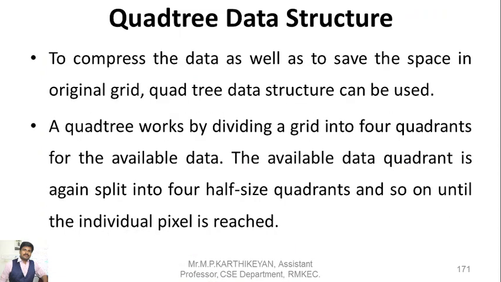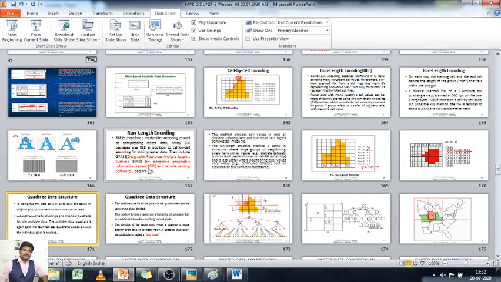So with this we will wind up today's session. Students, if you have any doubts, you can post them in the chat box. So far we have seen what is vector data structure. Under vector data structure we have seen point representation, line representation, and polygon representation. Then we have seen what is raster data structure. Under raster data structure we have seen several types of encoding, like cell by cell encoding, run length encoding, block encoding, chain encoding, and quad tree encoding.